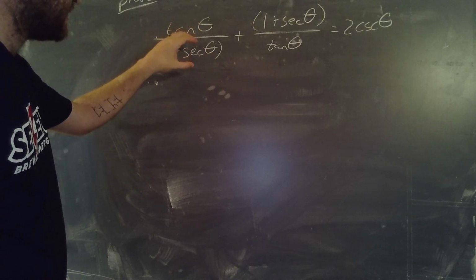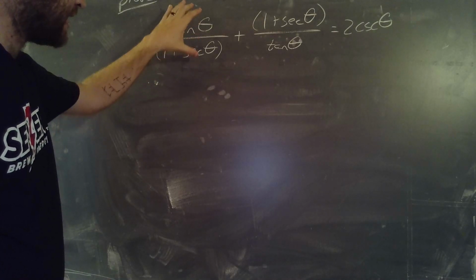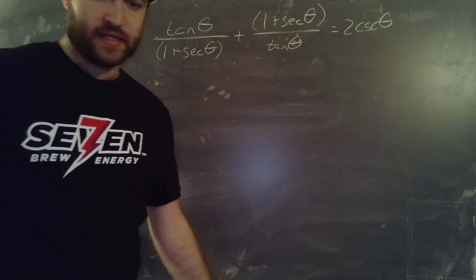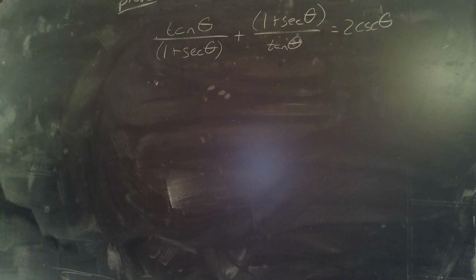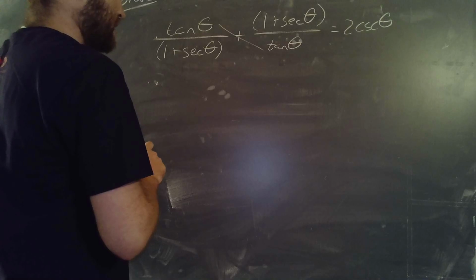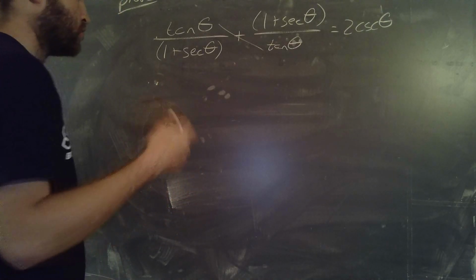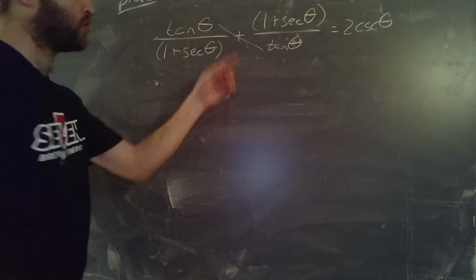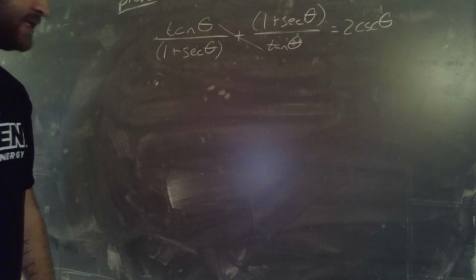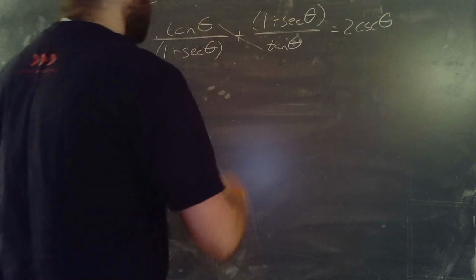So we treat these terms inside of the fractions that contain pluses and minuses like they're in parentheses. Okay. So then what we do is we're going to take the top left times the bottom right, just like if we were going to cross multiply. It's just instead of cross multiplying across an equal symbol, we're cross multiplying across a plus or a minus. So we'll multiply those two together.